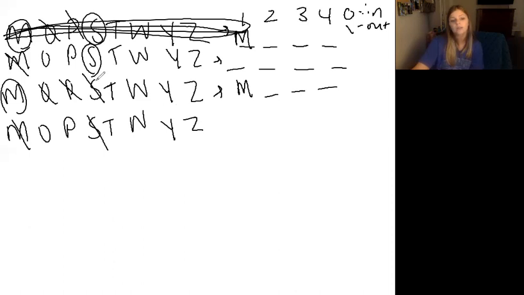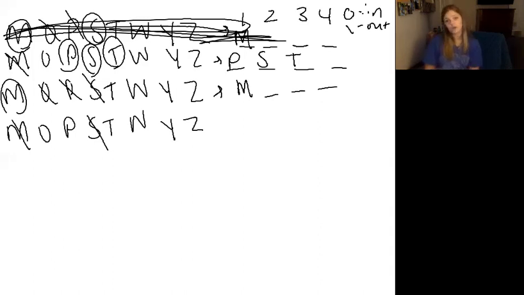When S is in, P and T must also be in, so we're going to circle P and T and write them to the side. Cross that out before I get confused. When S is out, we again do not know what happens, so we're going to leave this world down here as is.